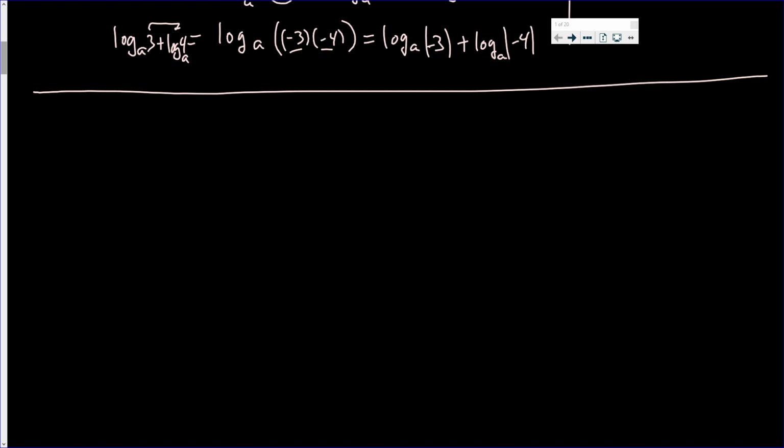Actually, there's another rule that we need to talk about. If you have the log base a of b, and you multiply that by log base b of c, this is just log base a of c. It's almost as if those b's cancel.